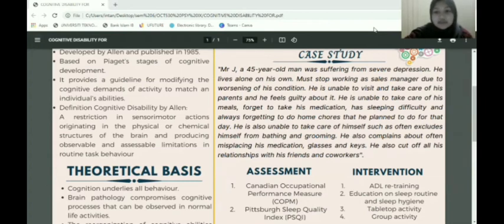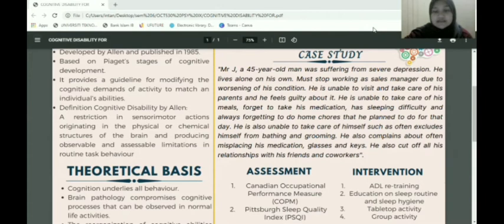He is unable to take care of his meals, forgets to take his medication, has sleeping difficulty, and always forgets to do the home chores that he planned for that day. He is also unable to take care of himself, often excluding himself from bathing and grooming. He also complains about often misplacing his medication, glasses, and keys. He has also cut off all his relationships with his friends and co-workers.